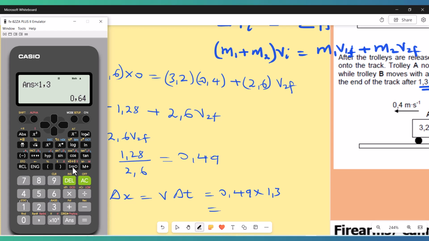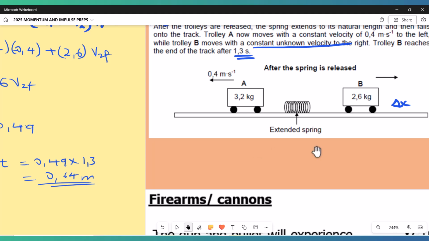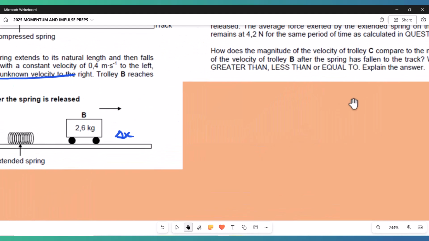So it traveled 0,64 meters. I hope you guys were together here. Anything else they want here?